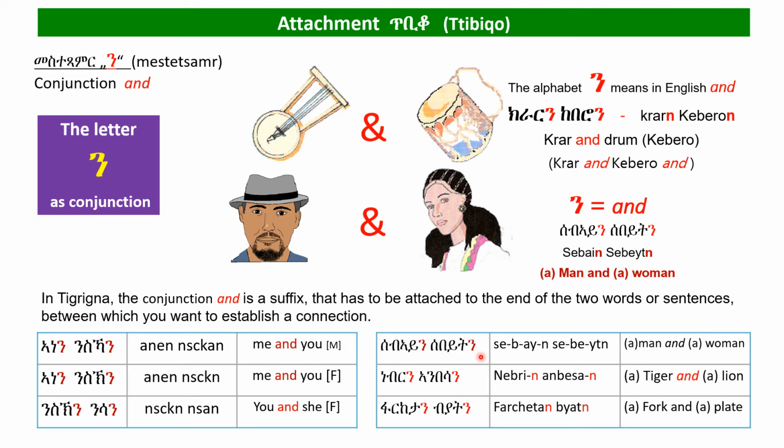Sebayin, sebeytin, nevrin and besan, a tiger and a lion. Farketan biatin, a fork and a plate.